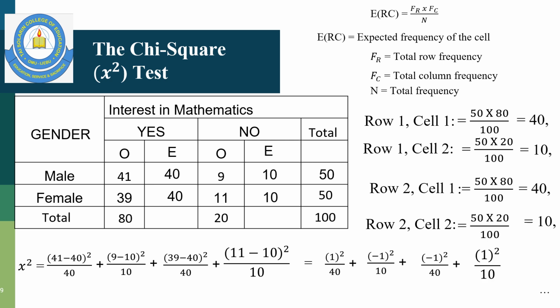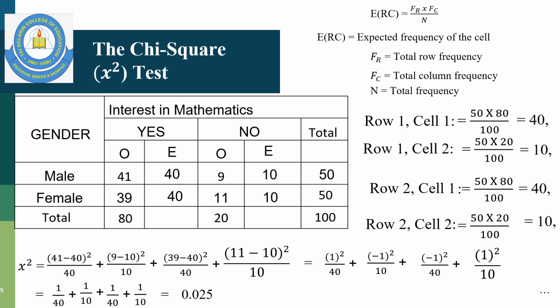So 1 squared is the same thing as 1 over 40, plus minus 1 squared gives us 1 over 10, plus minus 1 squared is 1 over 40, plus 1 squared will also give us 1 over 10.